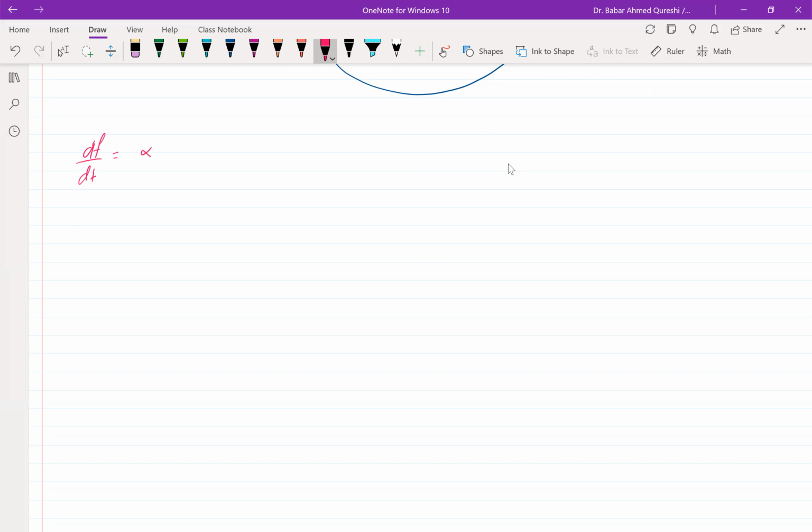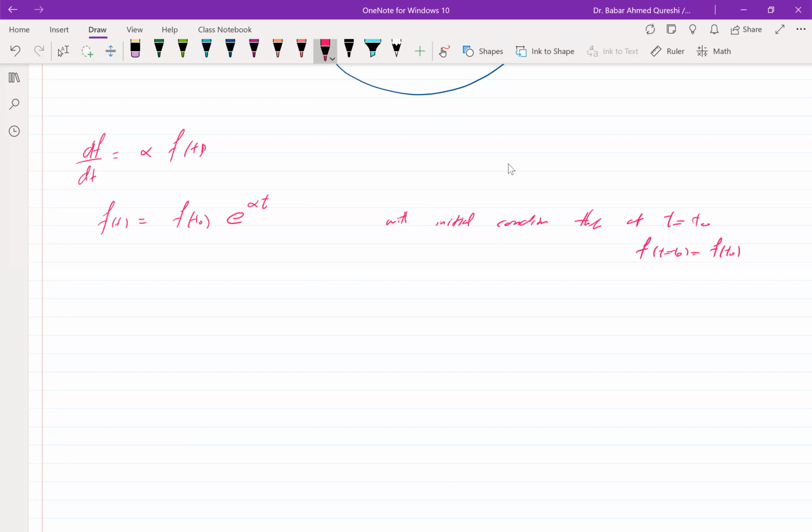If you have this equation, then everyone and their grandma can solve it. This is the solution, right? With the initial condition that at t equal to t naught, f of t is some value which I'm calling f of t naught.